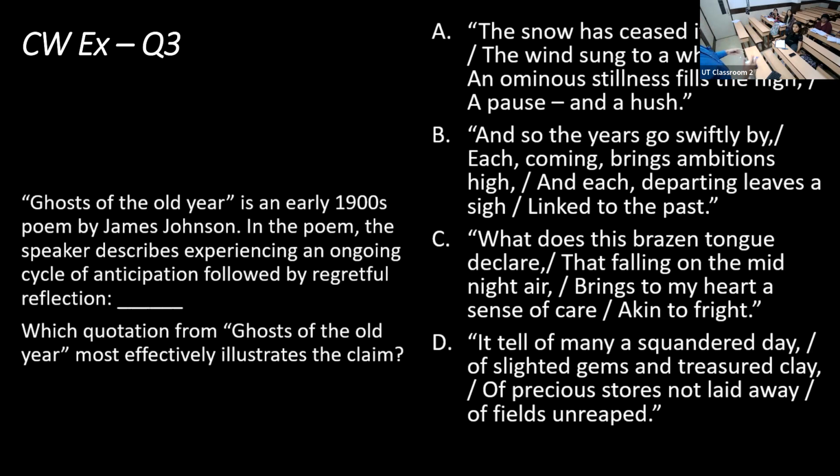You can anticipate a famine or a harvest. है ना, और वो कौन से context में आया वो हो सकता है. It's followed by a regretful reflection. So there is some anticipation happening, and then it is followed by regretful reflection. Regretful reflection. So this is not positive, that's sure. For sure.